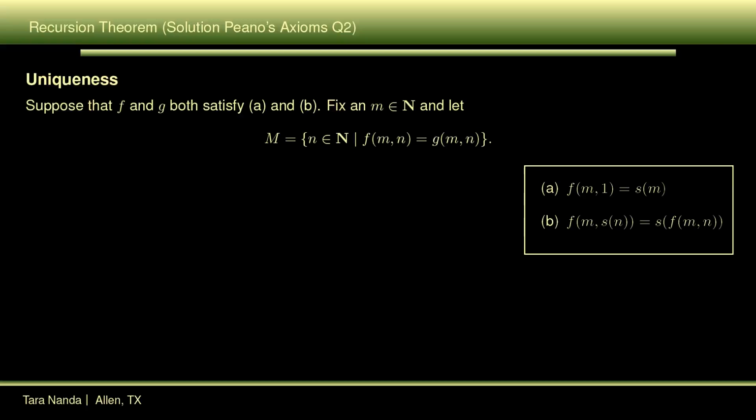To this end, suppose that f and g are two functions, both having domain N cross N and taking values in natural numbers, satisfying both the properties A and B. Fix an m belonging to N and let capital M be those natural numbers n such that the value of f at m comma n is equal to the value of g at m comma n.